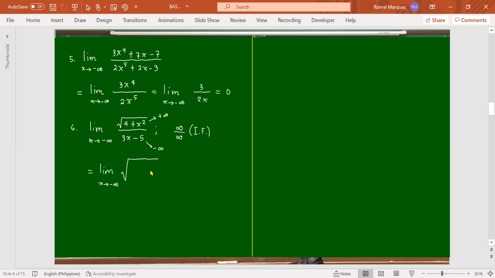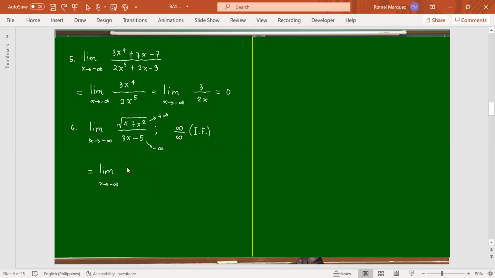Now, pag in-insert ko yung sa loob yung 3x minus 5, what will happen, guys? Pag in-insert ko sa loob to, anong mangyayari? Naka-square dapat, no? Kaya lang mas maganda yata.